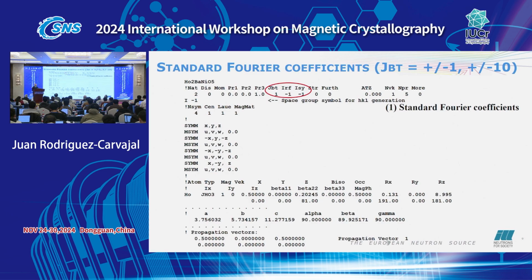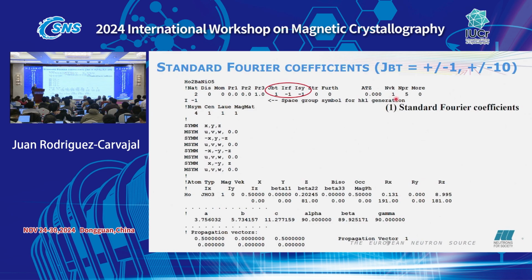Let me just show you. Here you have the real components of the Fourier coefficient, and here below you have the imaginary component. Here there is nothing, because this particular case has the number of propagation vectors equal to 1.